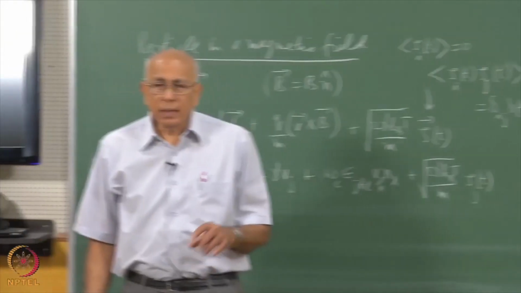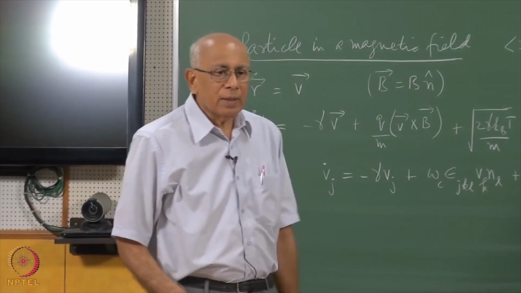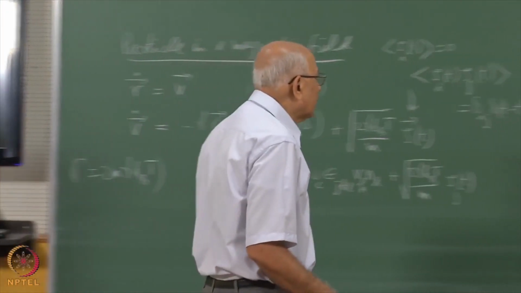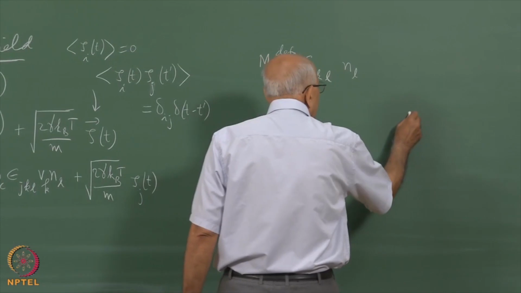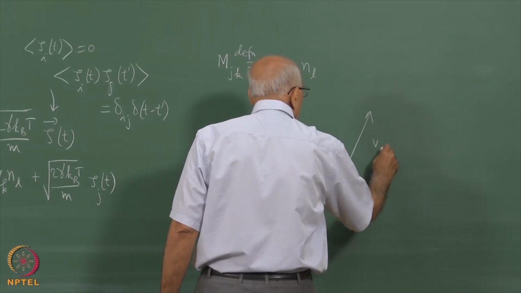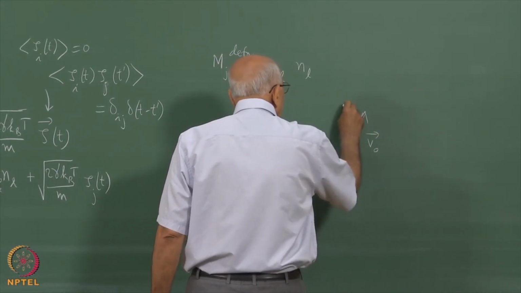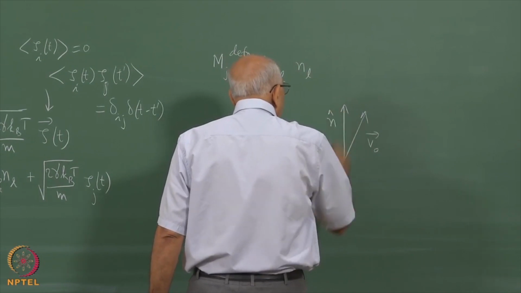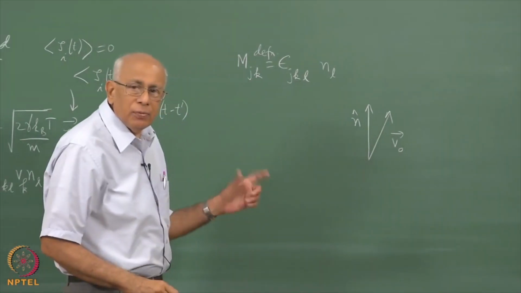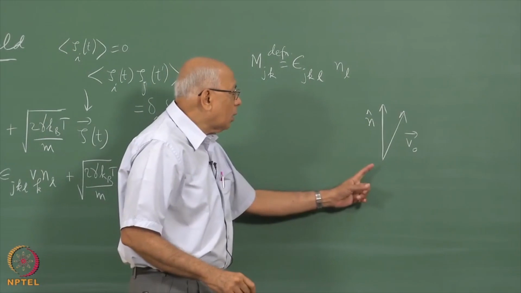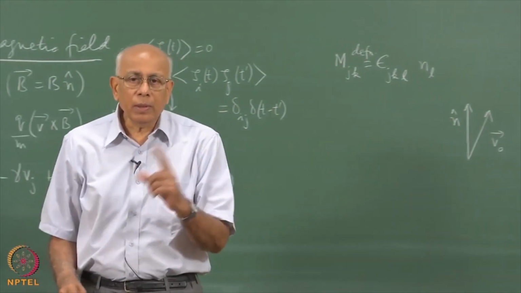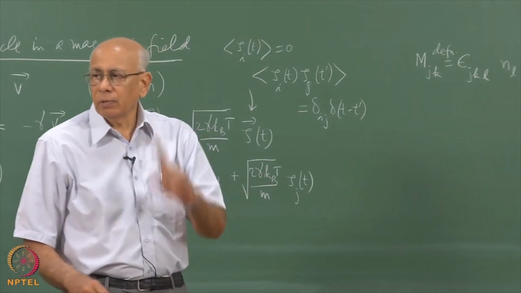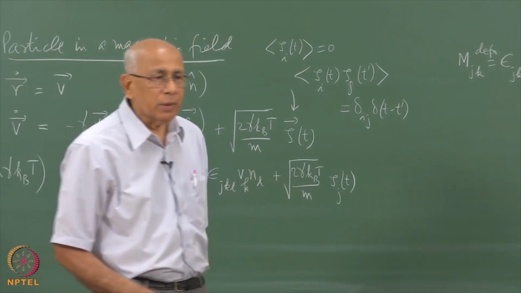It is the matrix that takes care of rotations in 3 dimensions, because it says that if you have this velocity vector V naught in some direction and this is the unit vector n, then as you switch on the magnetic field, all that happens is the component of V naught along n does not change and the perpendicular components precess around the direction of the field with the cyclotron frequency.